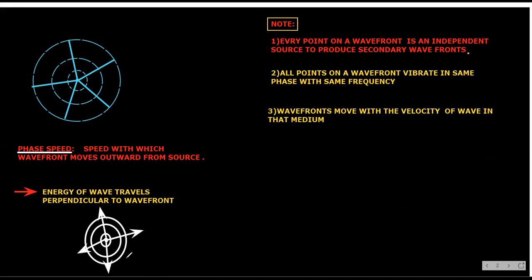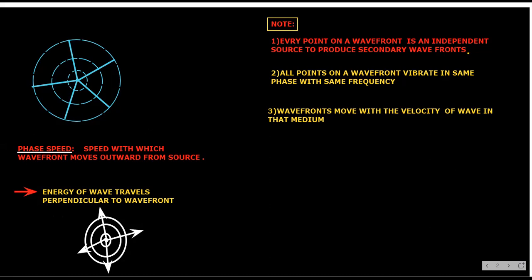Now what is the phase speed? See, the wavefront is moving with one particular speed. Agree with me? Because when you drop the stone onto the water surface, this wavefront will move ahead.